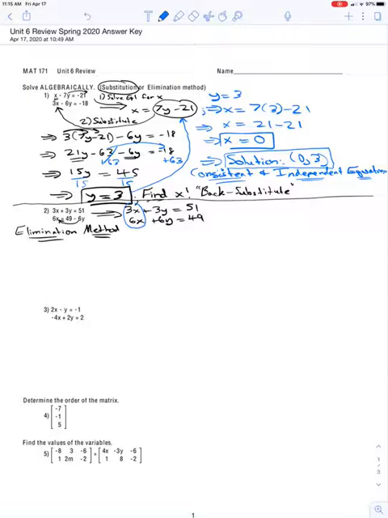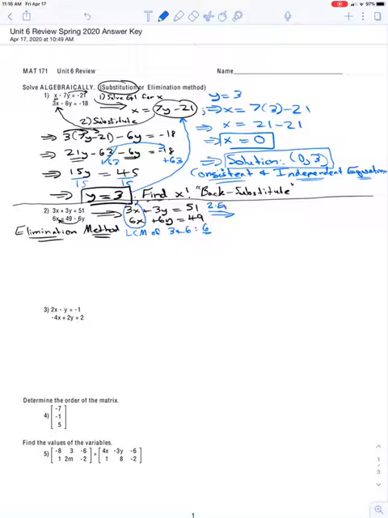But just say we were focusing on the x term. So right now, I'm going to rewrite both of these equations with the opposite coefficients. So I'm going to identify the least common multiple of 3 and 6, which is 6, right? 3 times 2 is 6, 6 times 1 is 6. So let's go ahead and reintroduce both of them with a 6.